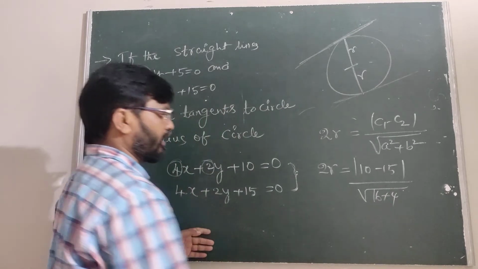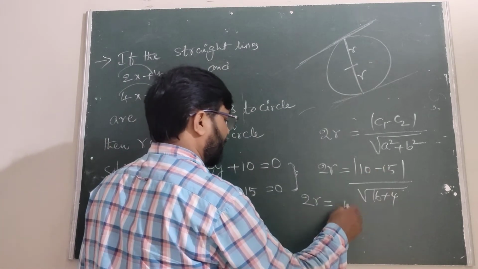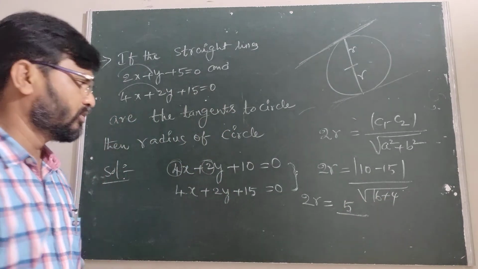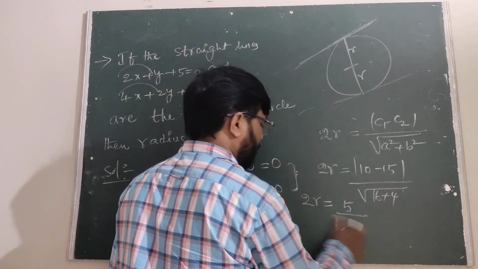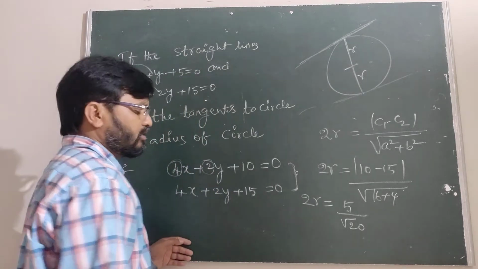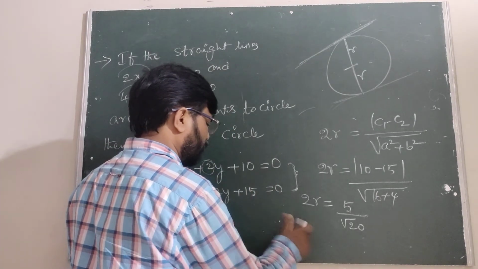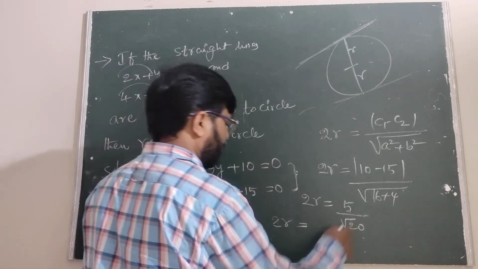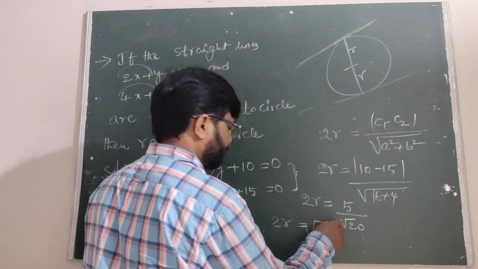Now we can write 2r equals 5 upon root 20, and 5 can be written as root of 25 by root 20.